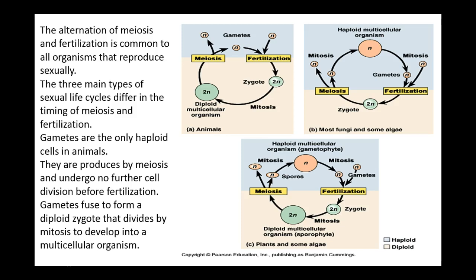One of the unique things about this particular cycle is that these cycles can both be multicellular. The one at the top right is multicellular also, sorry. These are multicellular organisms in both processes.